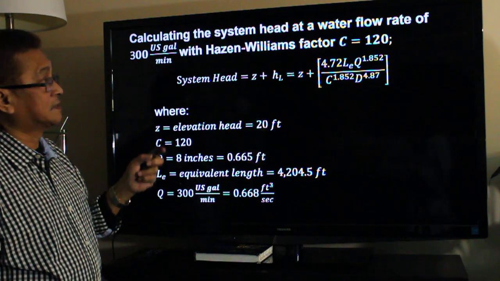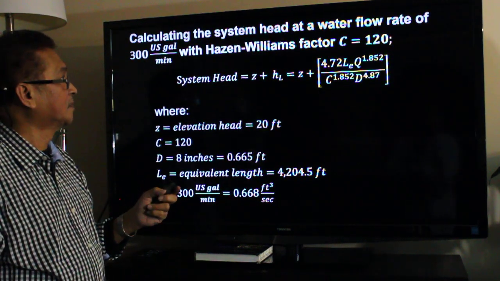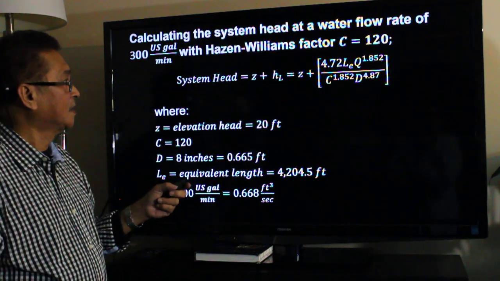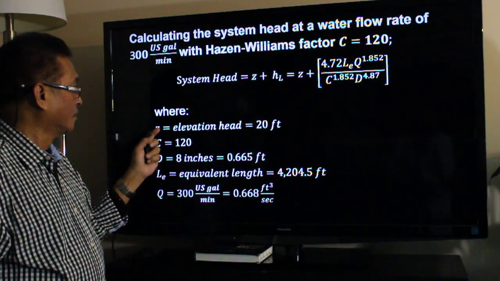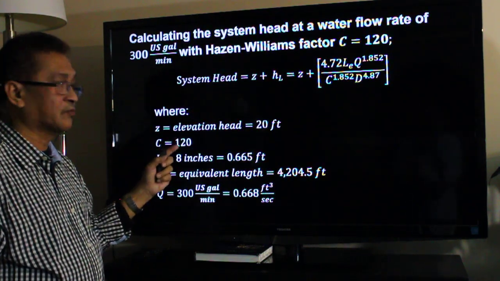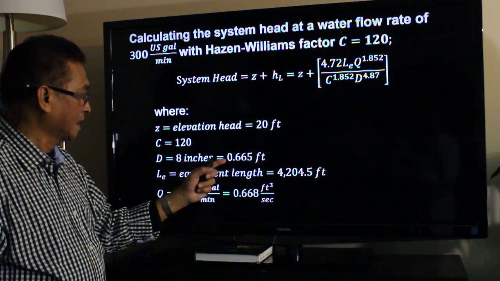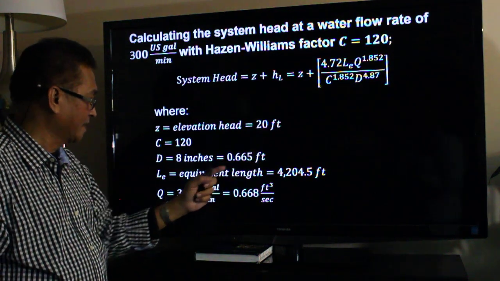So, calculating the system head at a water flow rate of 300 US gallons per minute with a Hazen-Williams factor of C equals 120, we substitute in the equation of system head, where Z is 20 feet, C equals 120, D equals 8 inches, and it is required to express it in feet, so 0.665.